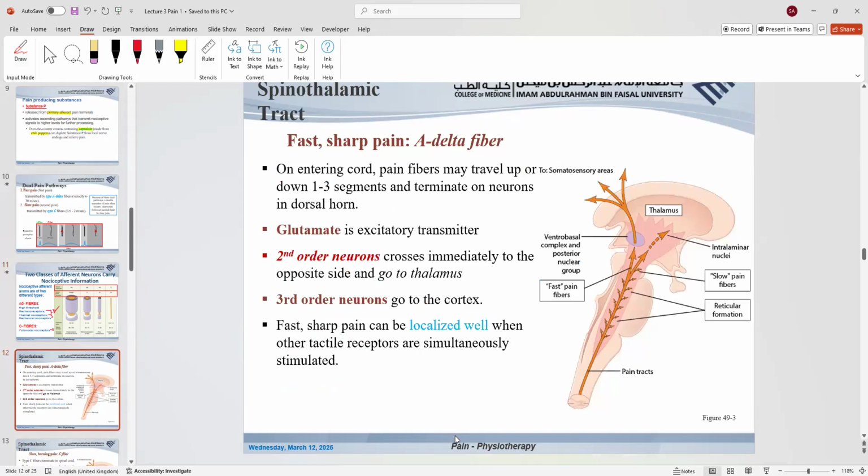So the same thing again, but now where does it go in the brain? Fast pain or sharp pain that is transmitted by A delta fibers will of course enter the spinal cord and travel up, and ultimately terminates on second neurons which are present within the spinal cord. Here the neurotransmitter is glutamate. So for fast pain, the neurotransmitter is glutamate.